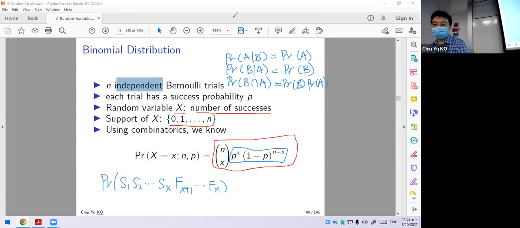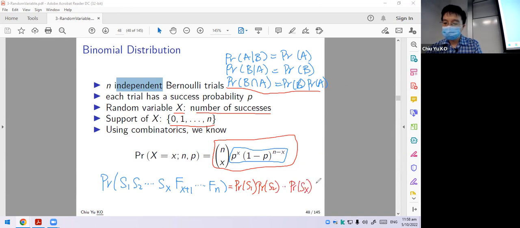Remember the idea of what we have here is independence. Independence means you don't need to care about the order. So you can just separate it: the probability of S1, the probability of S2, just multiply, up to SX and failure of X plus 1 up to failure of n.